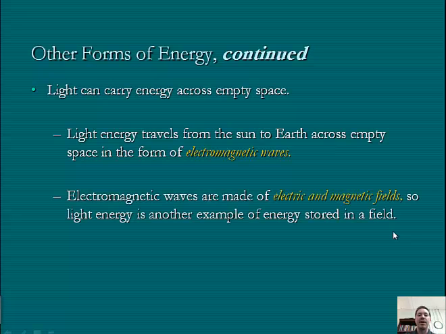Electromagnetic waves are made up of electric and magnetic fields, so electromagnetic is where it gets its name. So light energy is just another example of energy stored in a field. We tend to see these electromagnetic waves as visible light, but they do occur as ultraviolet or infrared as well.